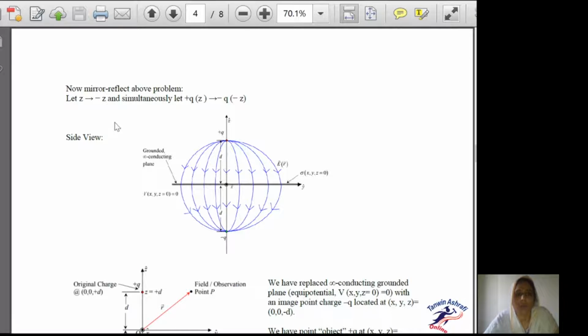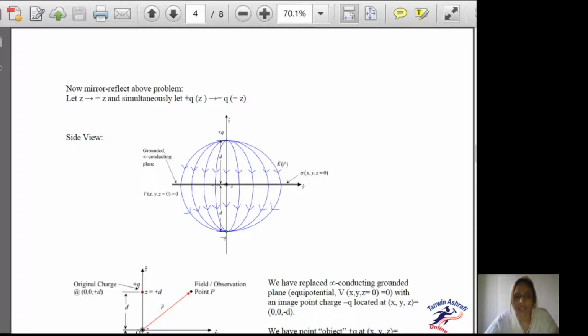Now, the mirror effect of the problem is that there is a positive charge Q, which is the actual charge, and exactly opposite to the positive charge there is a negative charge. Lines of force start from the positive charge and end on the negative charge. Now this negative charge is imaginary.